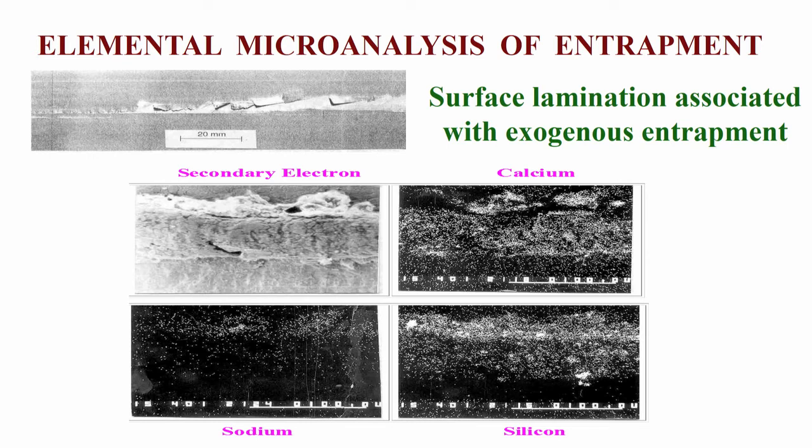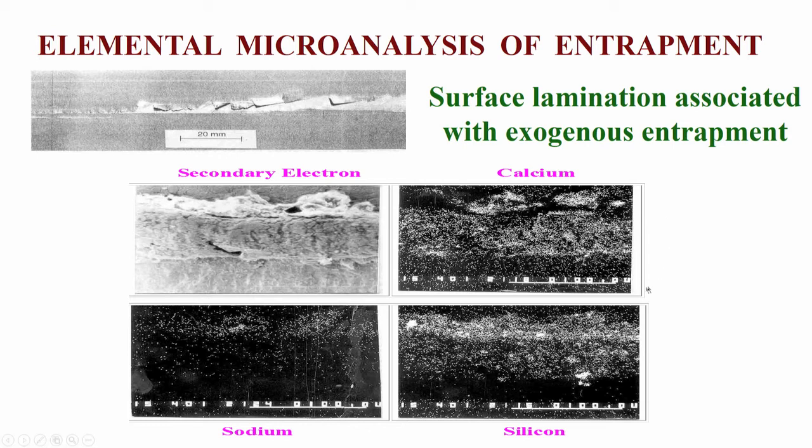Like we can image the sample using secondary electrons, we can also image using different specific elements, like we can get the image using calcium X-ray. So, wherever calcium is present in relatively more amount, it will give white spots. So, from this calcium X-ray image we know which area is calcium rich.